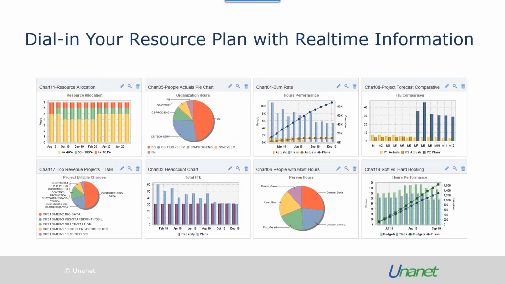And then in Unanet, you also have the ability to have dashboards with real-time information. And I'd tell you that at a minimum, you should be able to answer a couple of questions here. So what utilization do you need to be profitable? Can you answer that? What utilization do you need to aim for to prevent burnout of your staff? What's your actual billable and non-billable utilization?